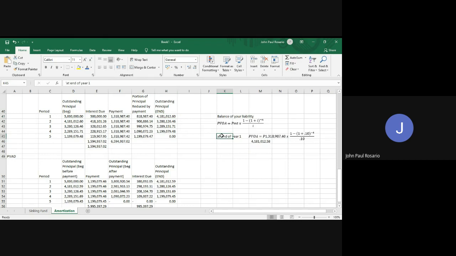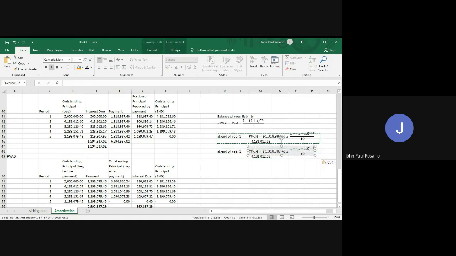If the question is at the end of year 4, you'll just have to repeat the process. For your PVOA, only compute for the remaining unpaid period, which is for 4 years, so 1 period left.